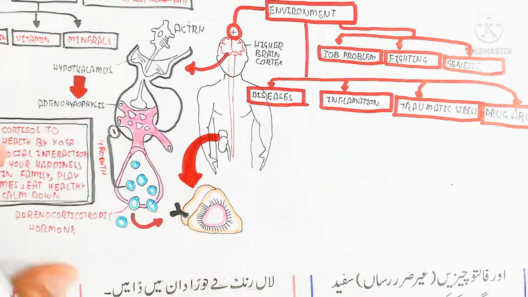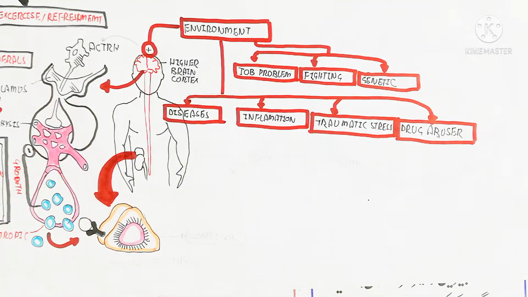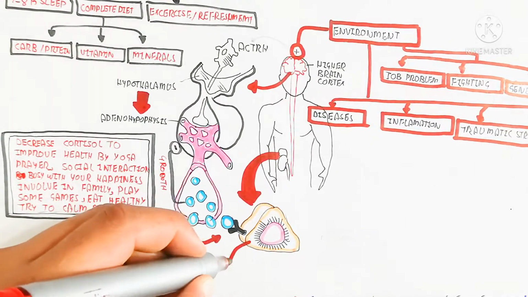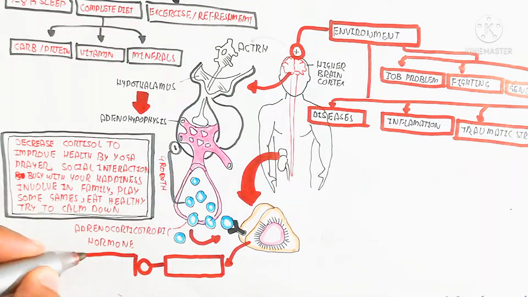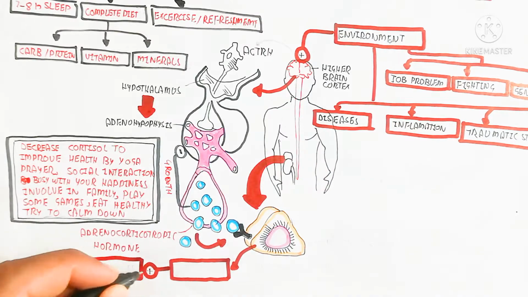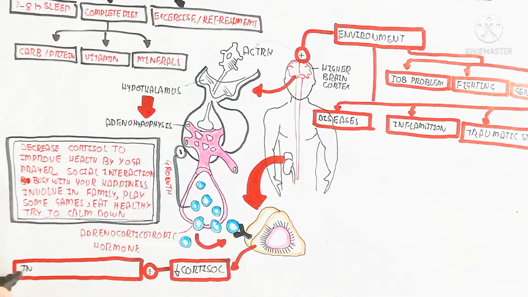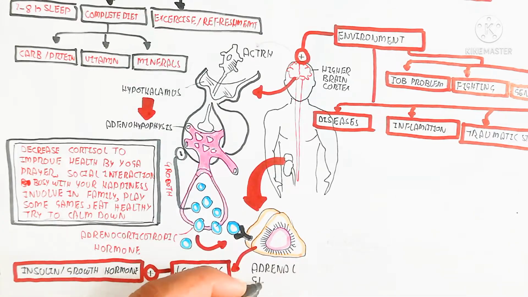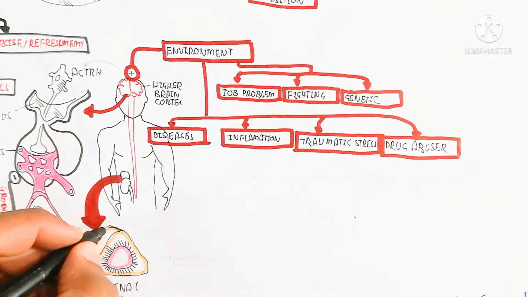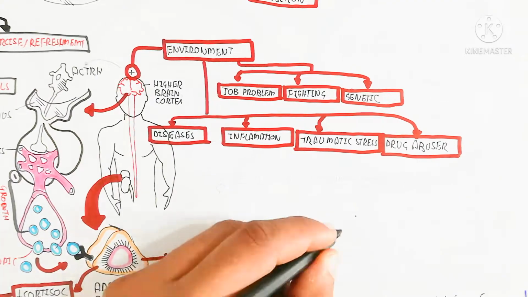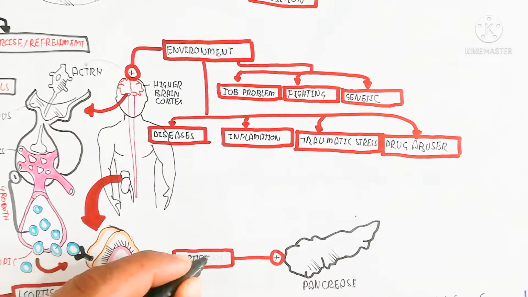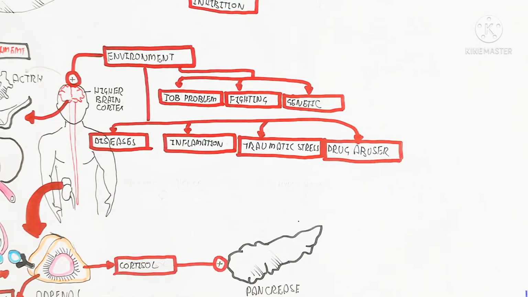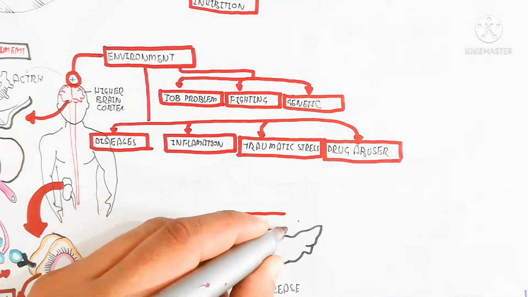On the other hand, the adrenal gland contains adrenocorticotropic receptors, which bind and stimulate cortisol. In the case of low cortisol, insulin and growth hormone increase. But when cortisol production increases, the cortisol triggers the pancreas to stimulate glucagon production.